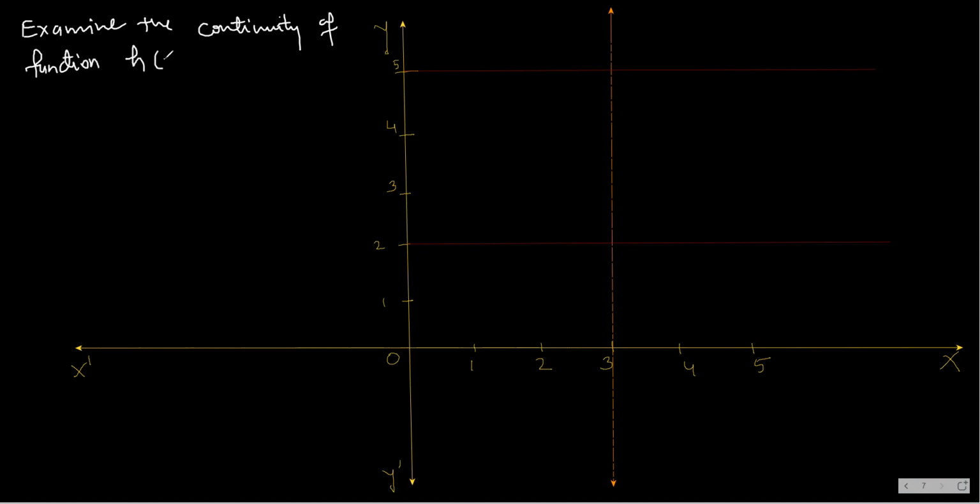This time I'm taking another function h of x at x equals to 3. See, deliberately I'm taking the point in all the examples as 3. So this time what I notice is the function which I have happens to be this way.